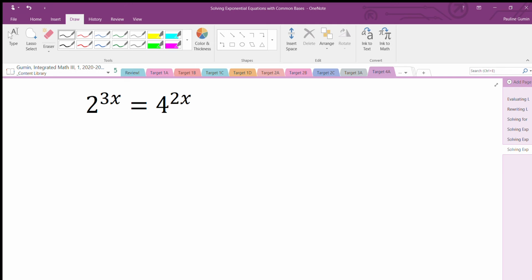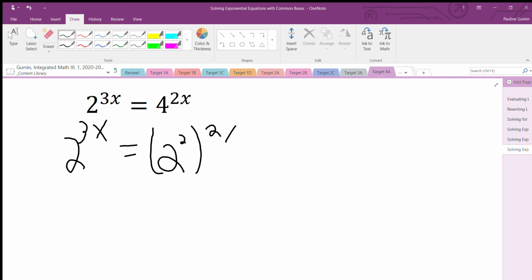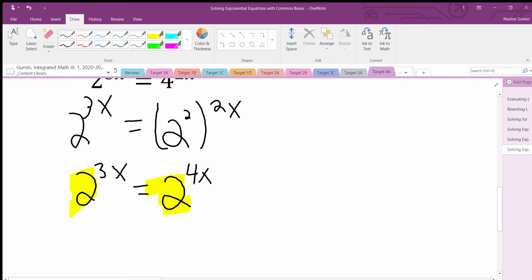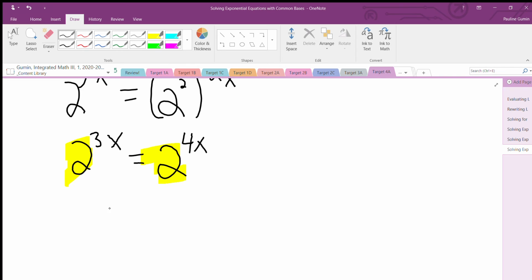I hope that is something you can intuitively see as well. All right, so we have 2 to the 3x equals 2 squared to the power of 2x, because that's what 4 is. So we actually have 2 to the power of 3x equals 2 to the power of 4x. Since we have common bases, I say farewell bases, and I have 3x equals 4x.